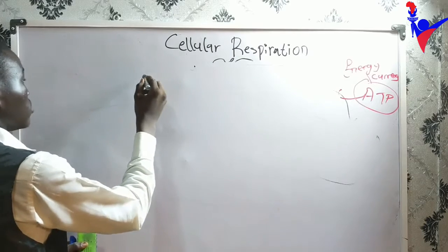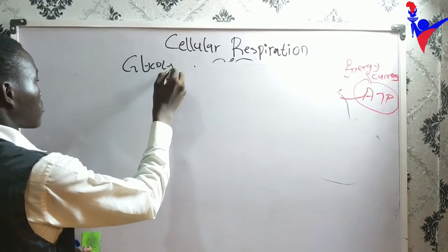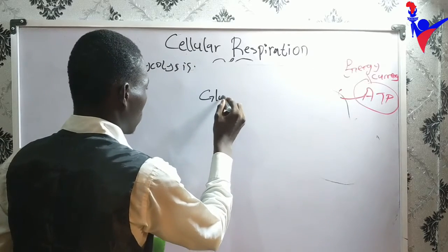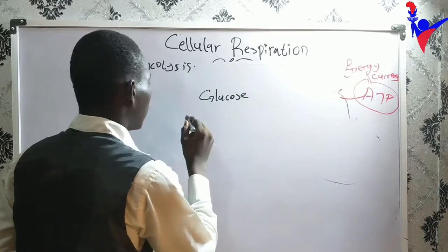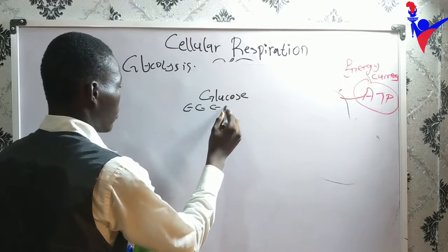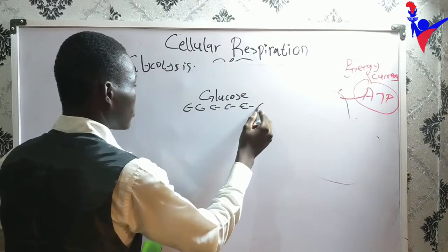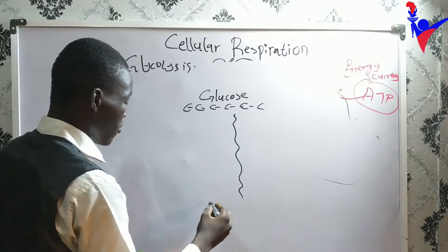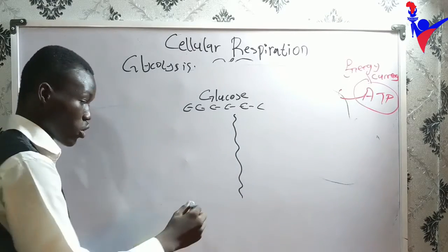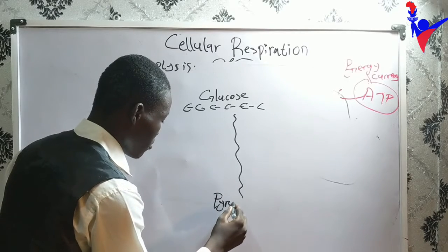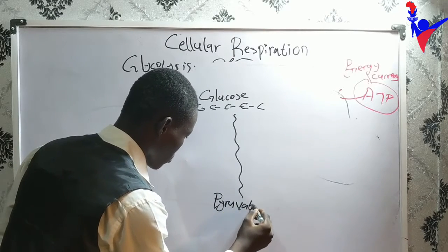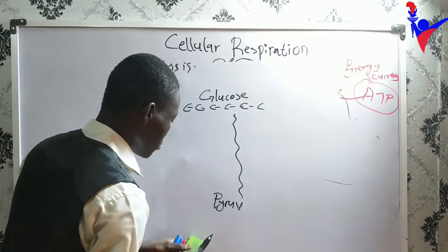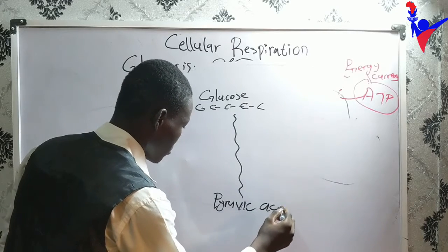So we have glucose, glycolysis. We are breaking down glucose, a 6 carbon molecule, 1, 2, 3, 4, 5, 6. We are breaking it down into 3 carbon molecules, and that 3 carbon molecule is called pyruvate, or pyruvic acid, same thing.